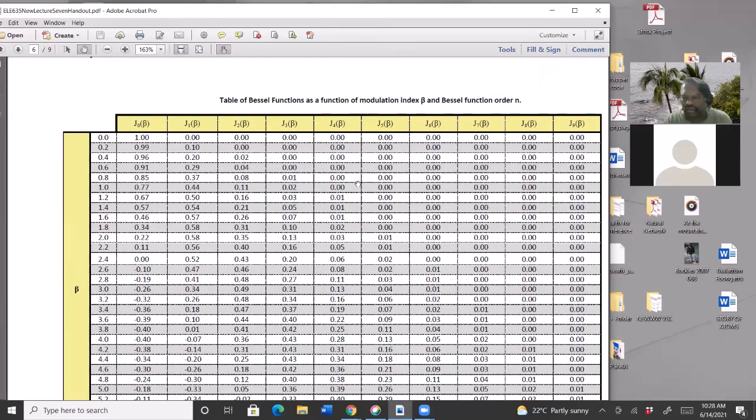So when we calculate the bandwidth of tone modulated FM, one of the accepted rules that we use is neglect the spectrum when it is less than 0.01. It is given as 0 here anyway, and that is called the 1% rule. So what is the 1% rule? Basically throw away, don't talk about the zeros. Well, it is very obvious.